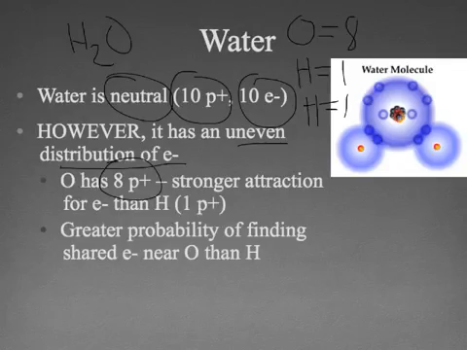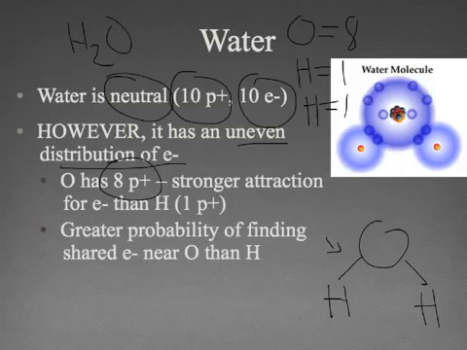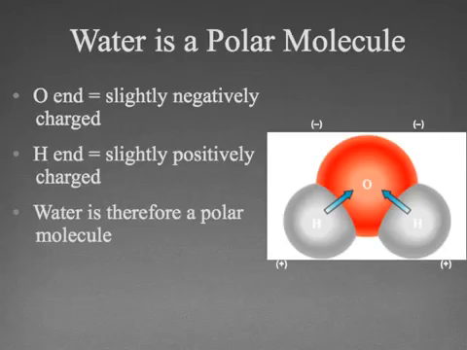So the electrons in these bonds are more strongly attracted to oxygen's 8 protons than to hydrogen's measly 1 proton. So they end up hanging out much closer to the oxygen more often.